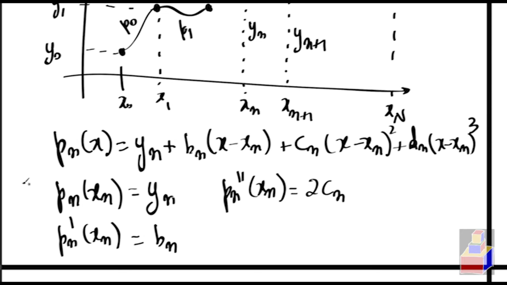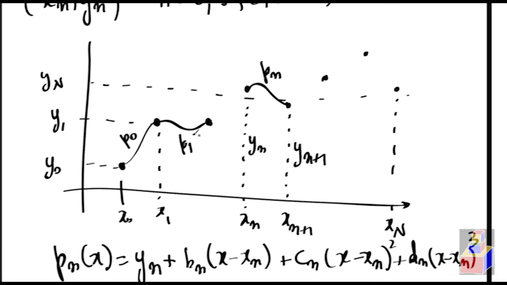In fact, notice that the last polynomial here, I didn't mention that, is Pn minus 1. So you have n polynomials.